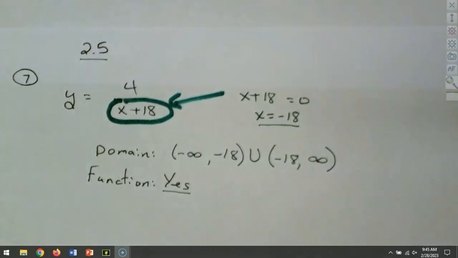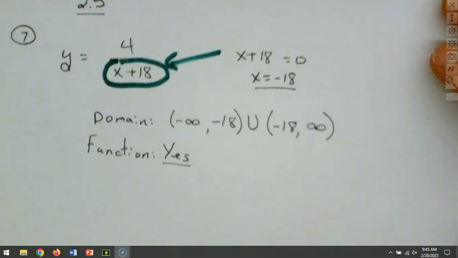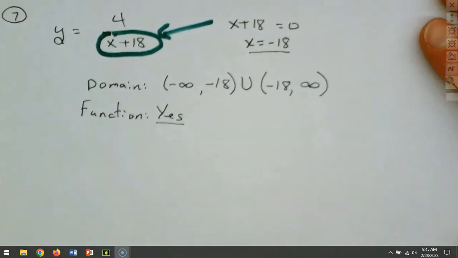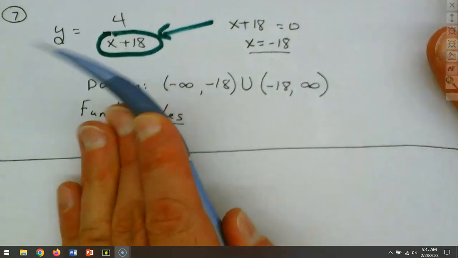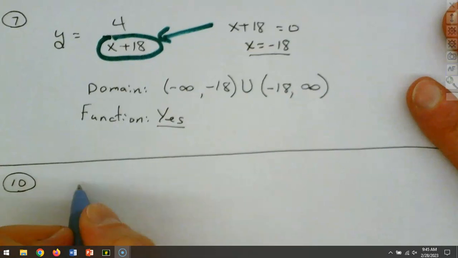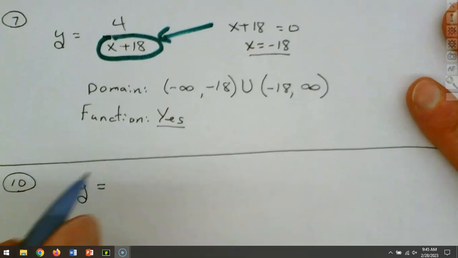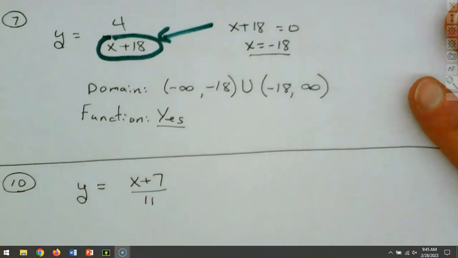Now, what's the difference between 7 and 10? You're going to have different solutions. Okay, so this one we couldn't use negative 18 because it would give you division by 0. But what about question 10? Well, question 10 is y equals x plus 7 over 11.